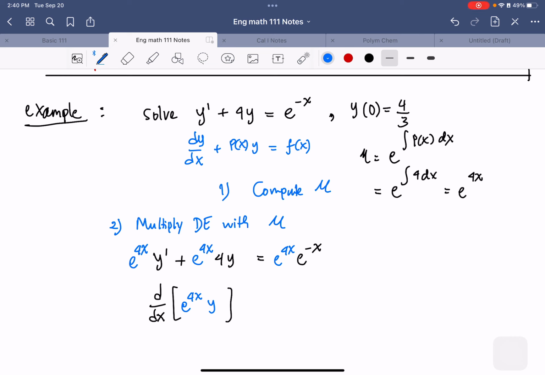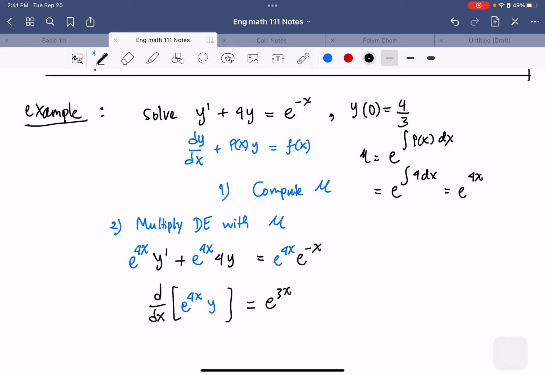First I differentiate y, which becomes y prime, so I think this part is right. And if we differentiate e to the power 4x, we have 4e to the 4x times y. I think it's correct, right? So we can stick with this one. And this part, we can just cancel and write e to the power of 3x.